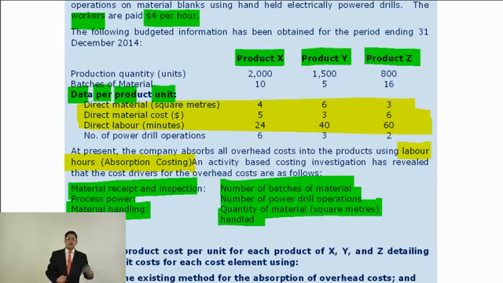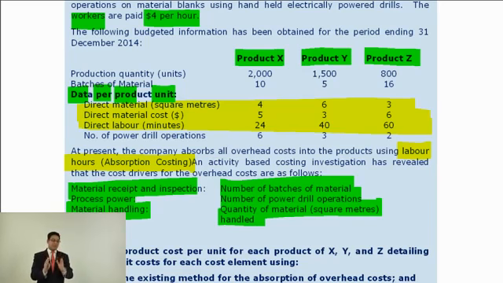Meaning for material receipt and inspection, we will use the driver as number of batches. For process power, we will use number of power drill operations, and for material handling, we will use quantity of materials handled. So for absorption costing, only one overhead absorption rate, but for activity based costing, 3 cost driver rates, because there are 3 activities.